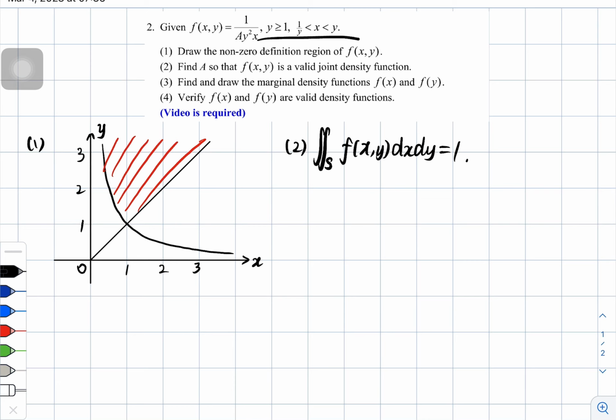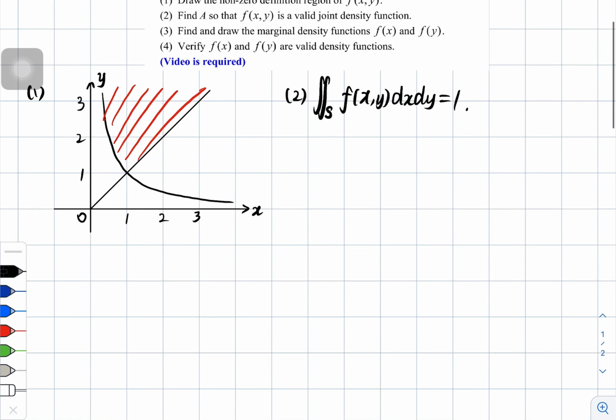So this x is the definition region of it. We just calculate this. First, we consider y is from 1 to infinity dy.